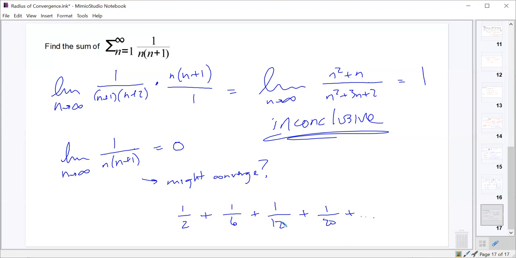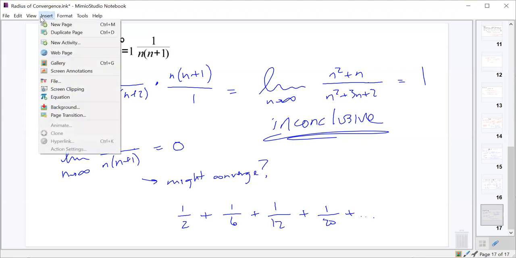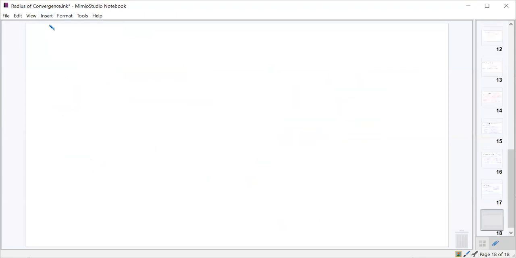Could use the integral test, but the integral test only tells us if it converges or diverges, and this problem is specifically asking us to find the sum itself, find the sum of this series. And so I think what we need to do, how would we integrate this? Let's just think about that for a second. How would you integrate 1 over n times n plus 1?